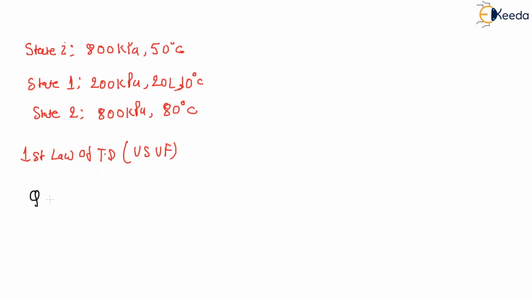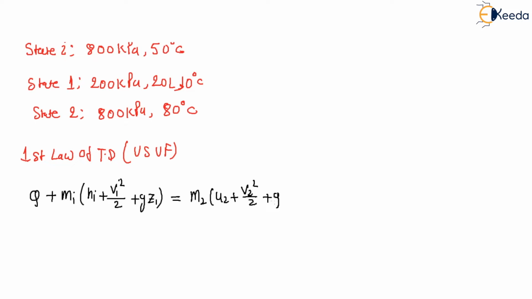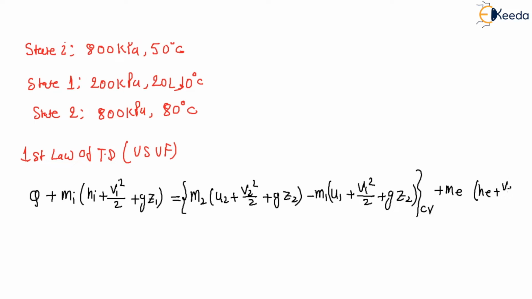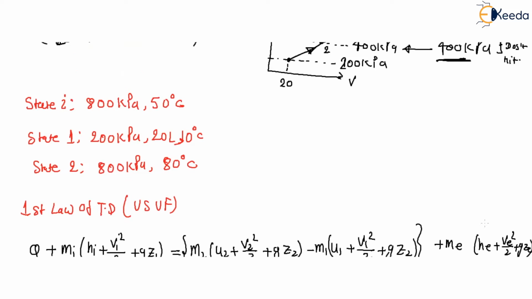Q plus mi (hi plus vi square by 2 plus g zi) is equal to m2 (u2 plus v2 square by 2 plus g z2) minus m1 (u1 plus v1 square by 2 plus g z1), this is your control volume, plus me (he plus ve square by 2 plus g ze) plus W, right? This is your uniform state.